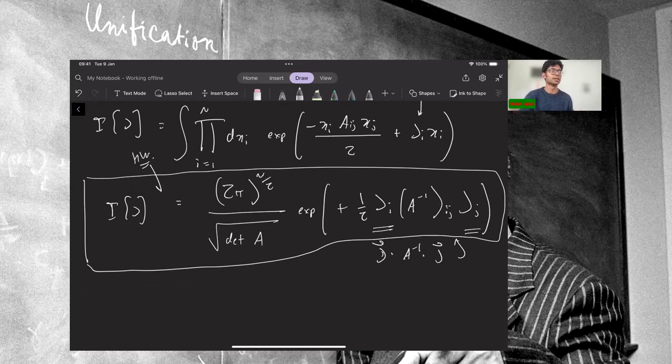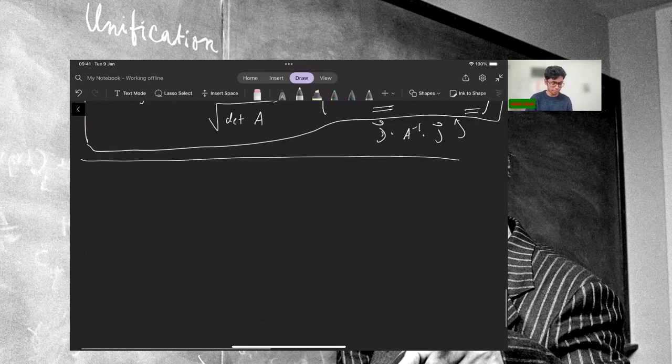Okay, good. Now we are warmed up, and now let us derive the path integral in quantum mechanics. So right now we're doing quantum mechanics. And so I want you to imagine one quantum mechanical particle. Okay, here's my particle.